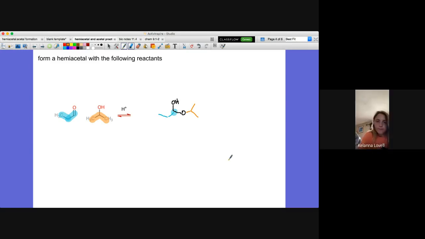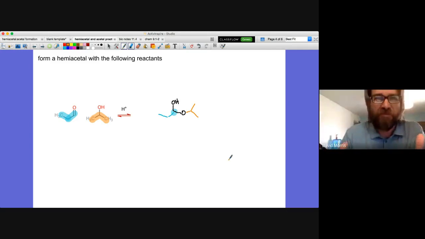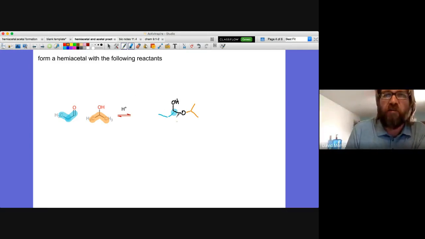But again, as soon as you start recognizing what pieces are supposed to be what in a hemiacetal, right? If I added carbons to one side or the other, if I wanted to add 3 carbons right here, I just have to add 3 carbons right here. It doesn't really matter, as long as I understand what part of that hemiacetal came from what.